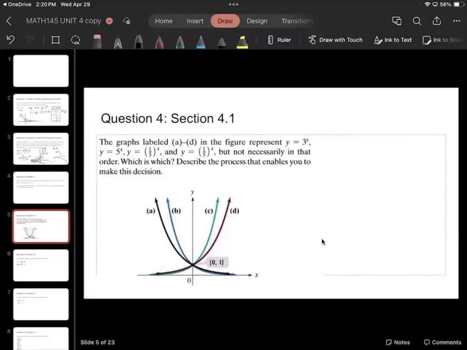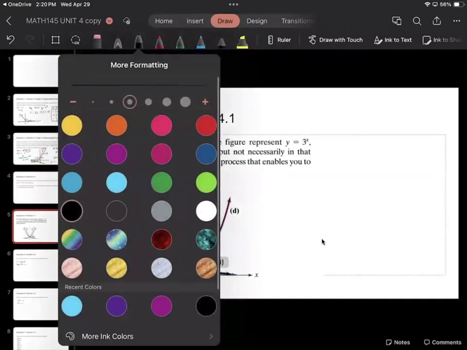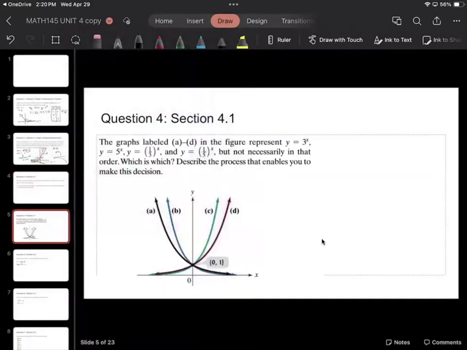All right. The graphs labeled A to D in the figure represent y equals 3 to the power of x, y equals 5 to the power of x, 1/3 to the power of x, and 1/5 to the power of x. So first of all, I know that C and D are growth functions, okay? Which means they have to be either 3 to the power of x or 5 to the power of x.